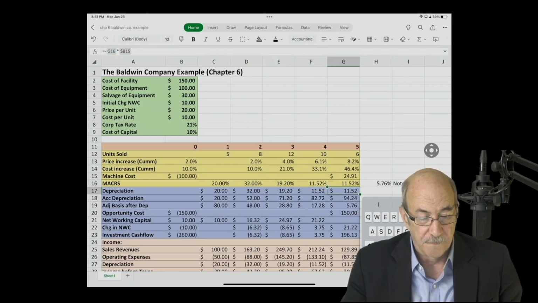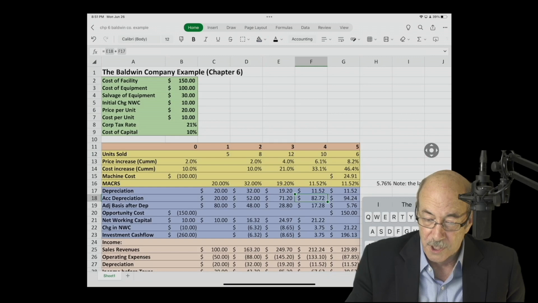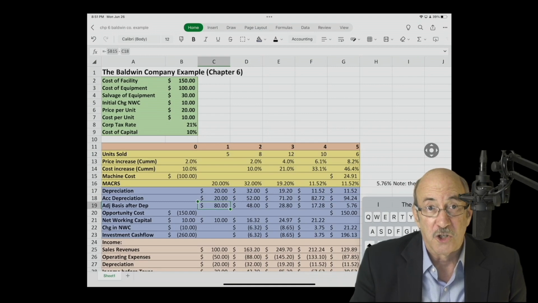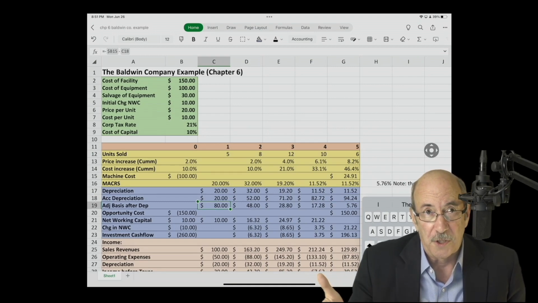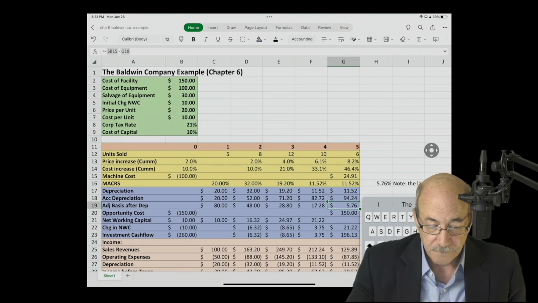Accumulated depreciation, again, is simply adding up as we go, and then I subtract that from my initial cost, and I have my adjusted basis at each point in time. It's this one that's really important for figuring out what our after-tax salvage value is.